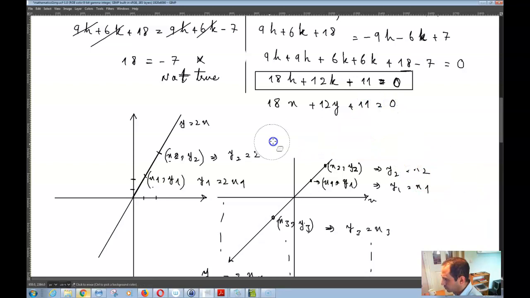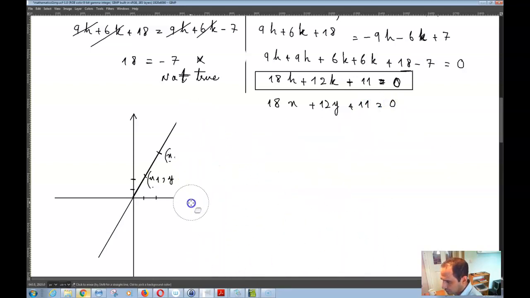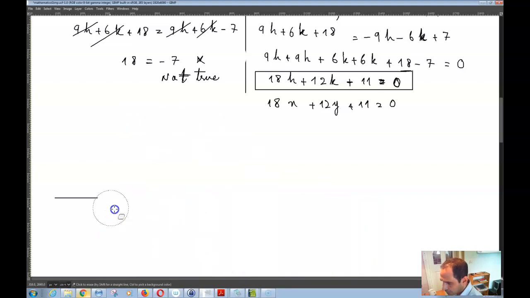And you can see from here immediately that we said that this line was supposed to be parallel to those two lines.